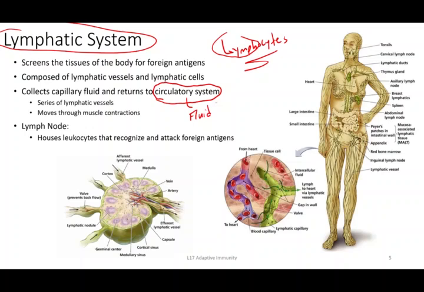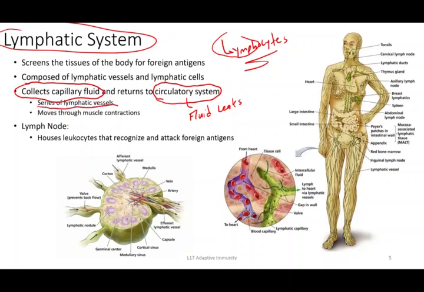And so throughout our tissues, we have this excess amount of fluid that's leaking out, that if it were not collected and removed from the tissue, we would just continue to swell and be not looking real nice, because we would just be bloated, and eventually our blood would just continue to leak out of our capillaries. So it turns out there's a system, it's called a lymphatic system, that is going to collect that leaked capillary fluid back out.